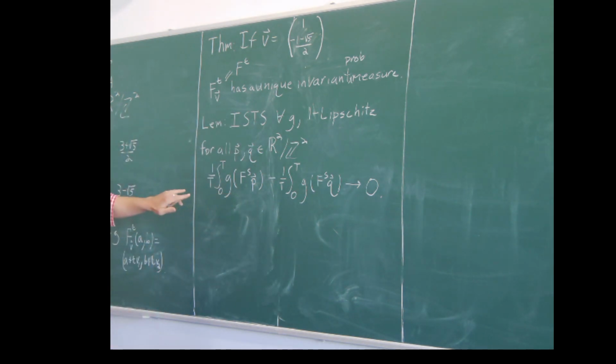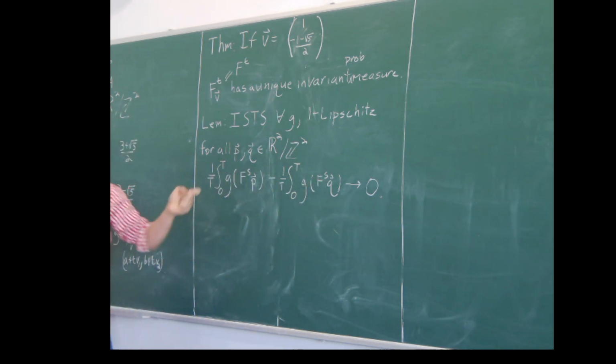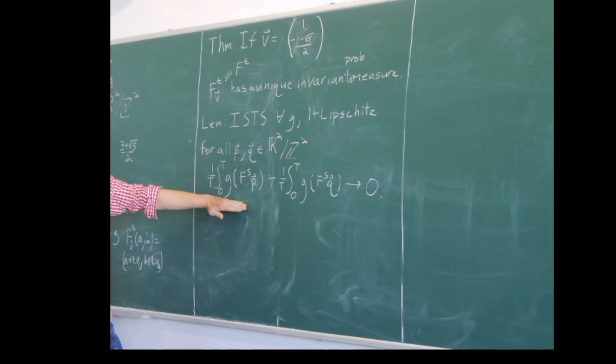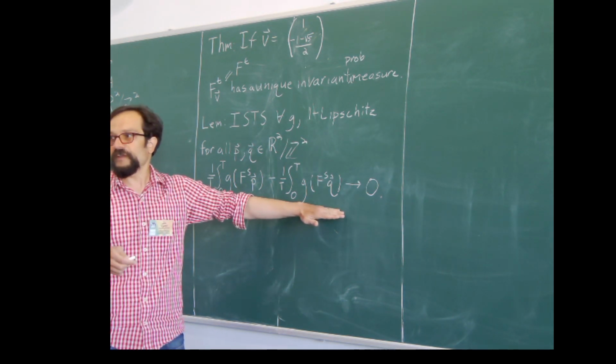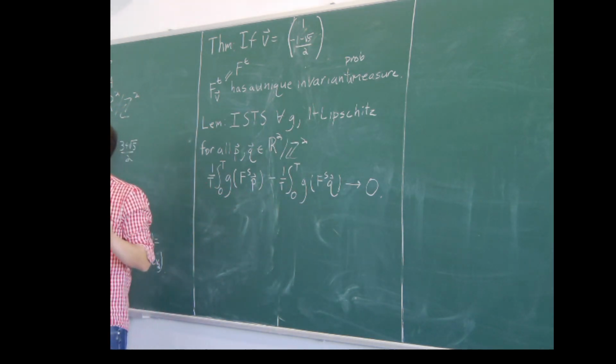Now, if you have more than one ergodic measure, each of them has a point that equidistributes for g according to that ergodic measure. So you get that these integrals were different. One of them would converge to the integral of g with respect to one ergodic measure, and the other would converge to the integral of g with respect to the other ergodic measure. Is everybody happy about this?